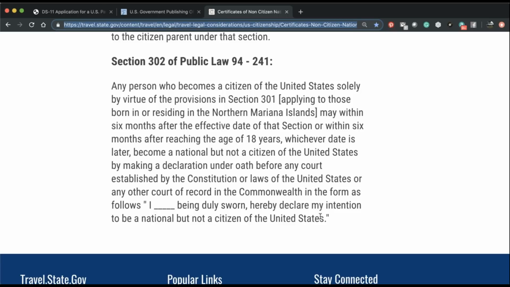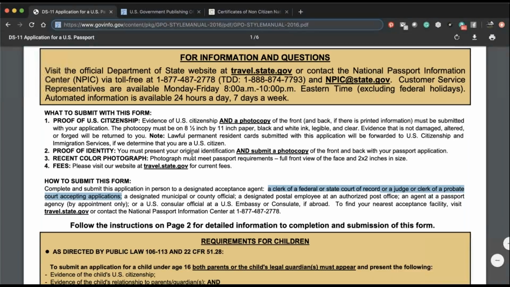There it is, right? Now, what was important was this. Making this declaration under oath in any court of record. Right there. Doesn't that look familiar? It's right here.